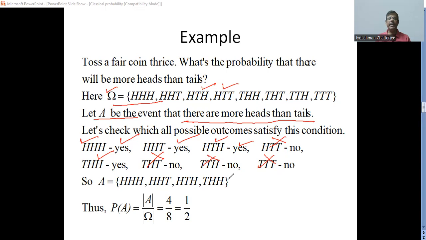So our A becomes this subset: HHH, HHT, HTH, and THH. We just took all the tick marked outcomes.